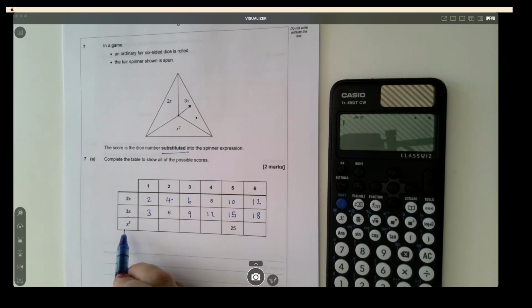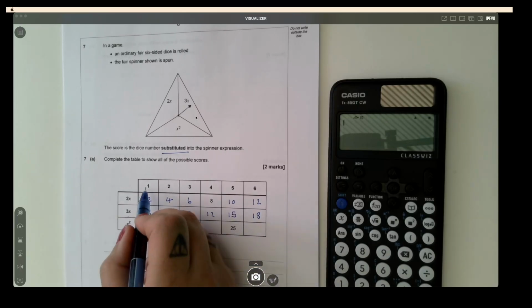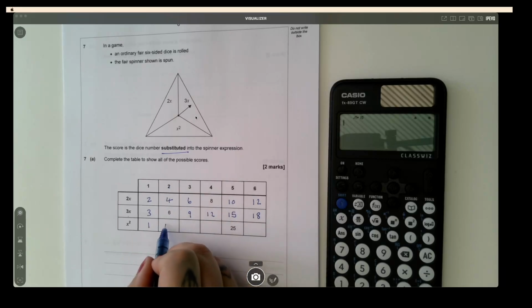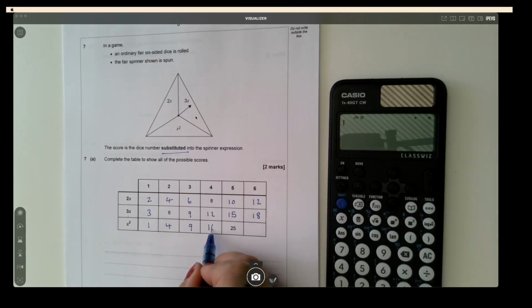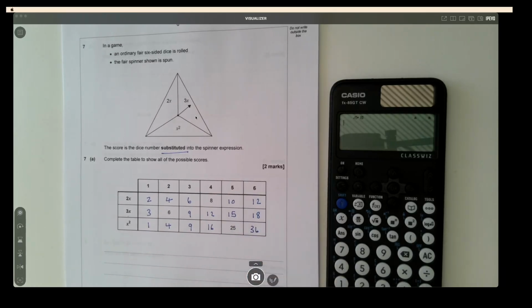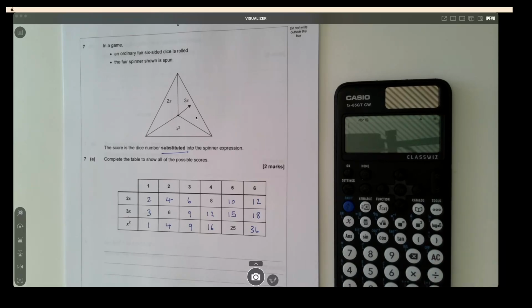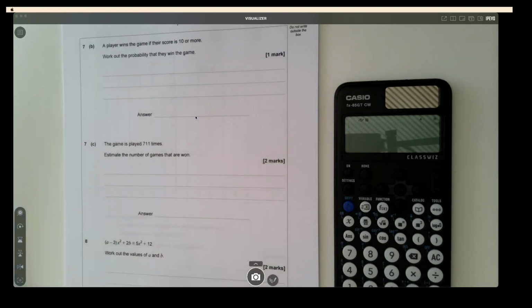For x squared, we multiply the number by itself. So 1 squared is 1, 2 squared is 4, 3 squared is 9, 4 squared is 16, 5 squared is already done, 6 squared is 36.